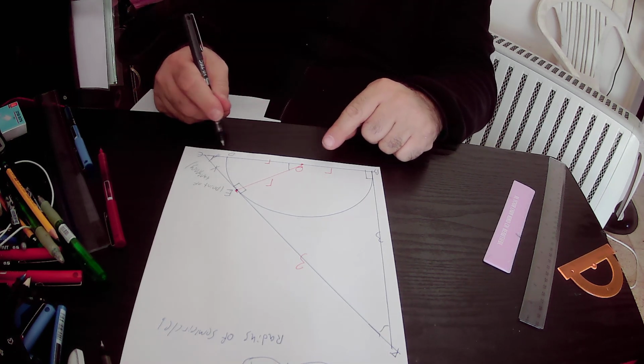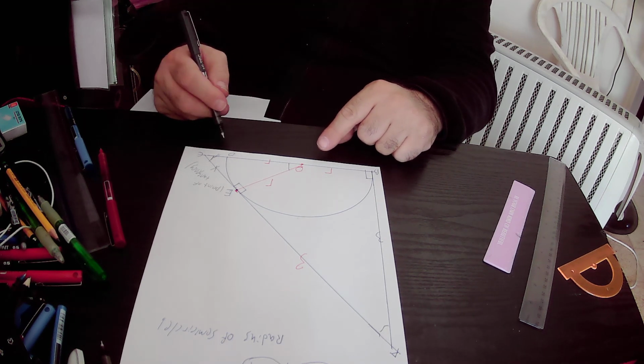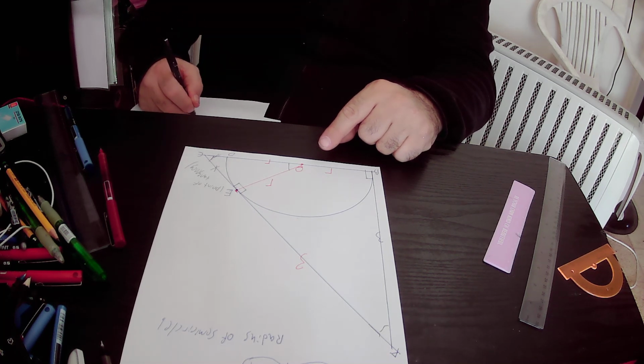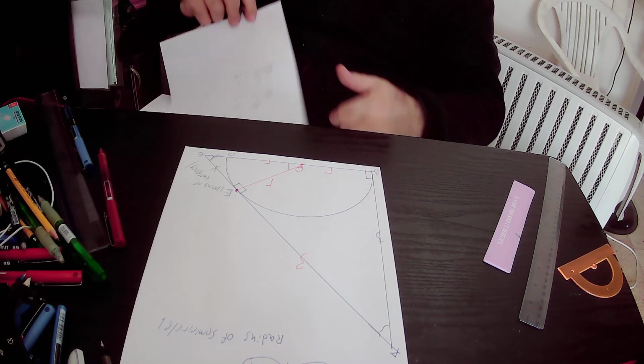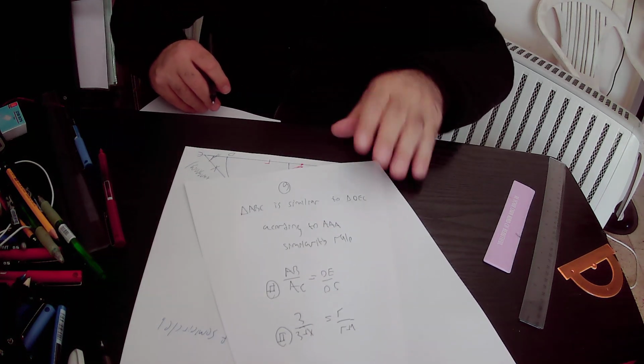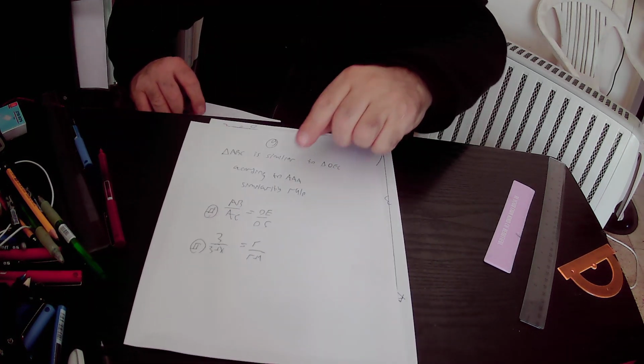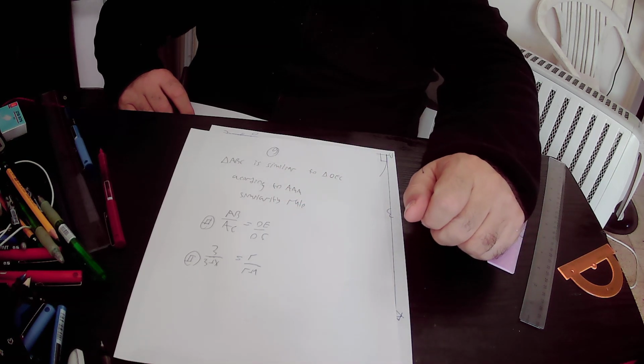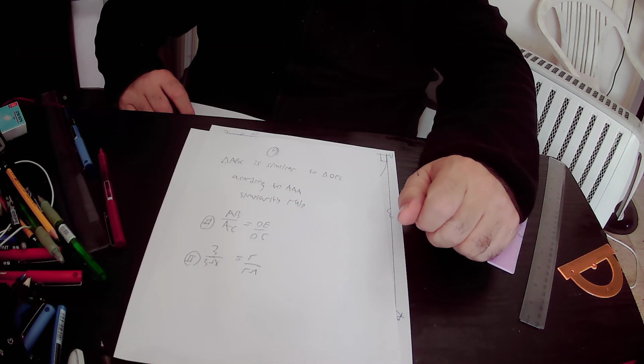So in total OC equals OD, that is R, plus DC, that is 1, so OC equals R plus 1. Okay, so we actually found out that 3 over 3 plus x equals R over R plus 1.